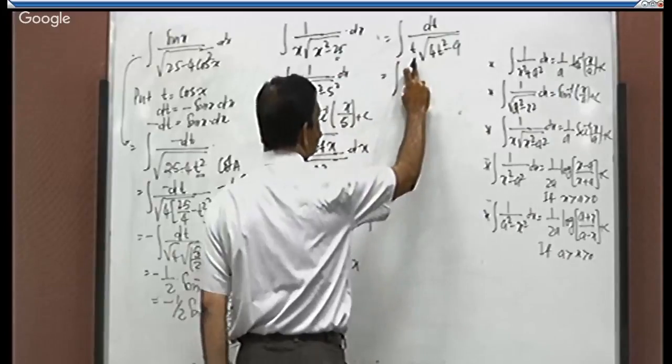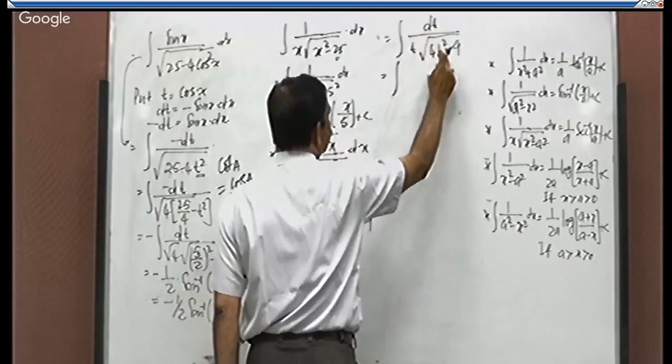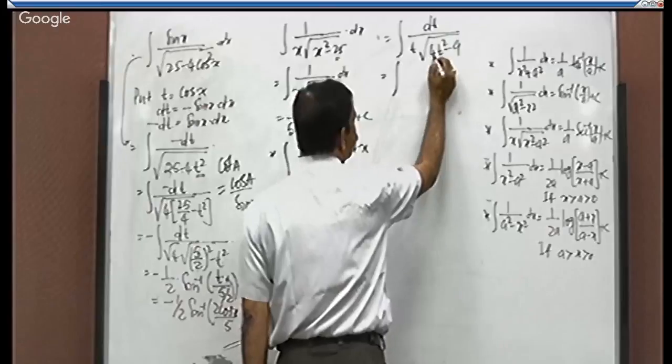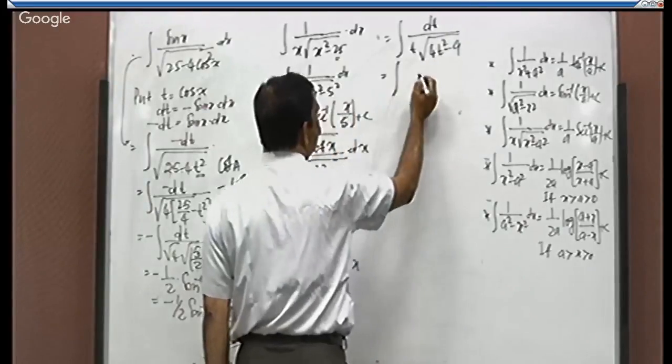Then the standard form is 1 by x into root of x square minus a square. So here the 4 is extra. You take that 4 outside the root.